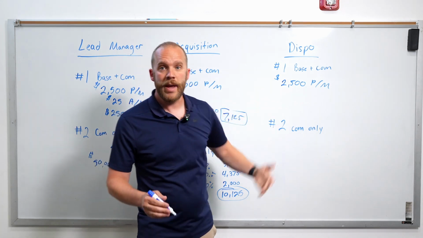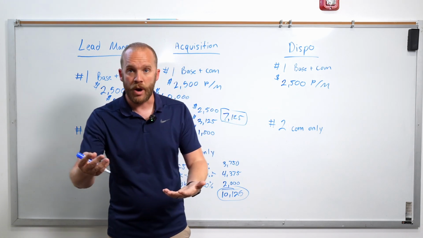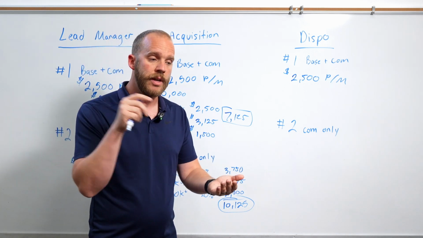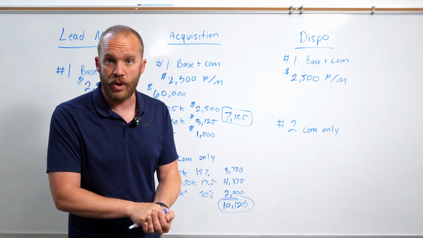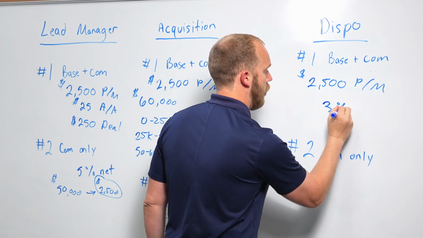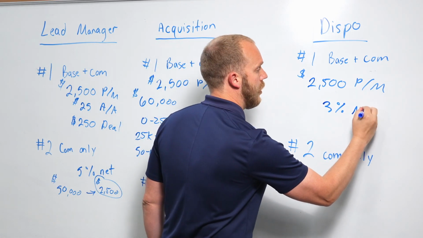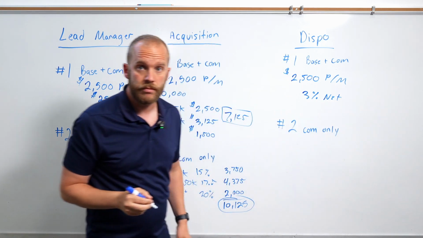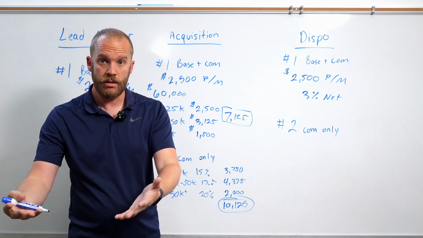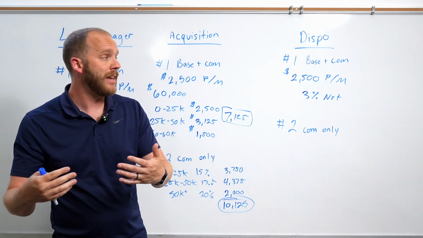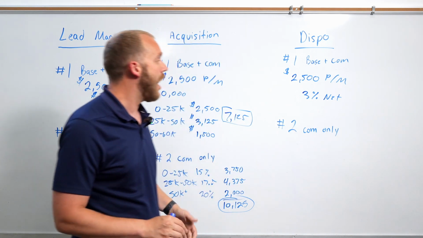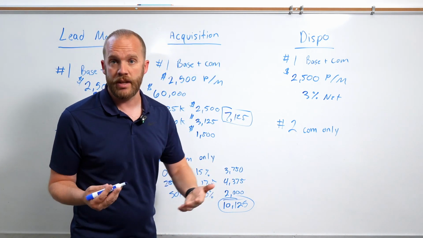And then after their base, obviously they're going to sell the properties at the end. When you have profited, you've calculated all of your expenses out of there and you have net profit, they're going to get 3% of the net profit. Okay? So they'll get their base. Every single deal that they sell, after all said and done, we have net profit, they will get 3% of that for every deal.